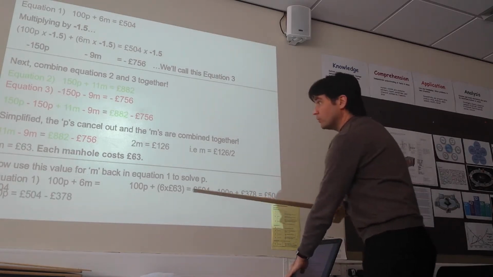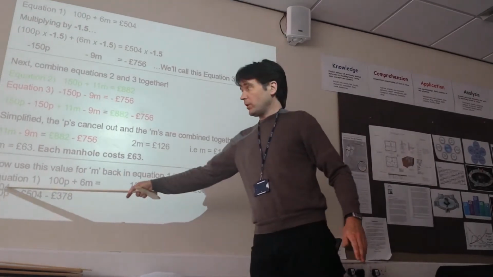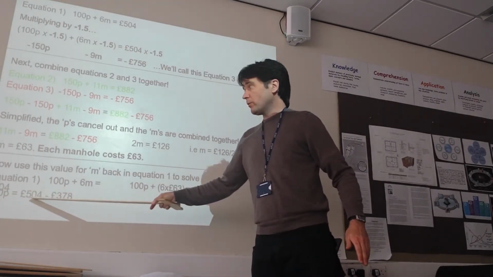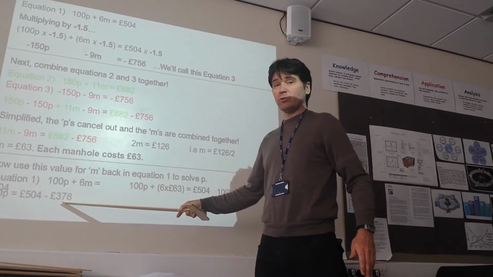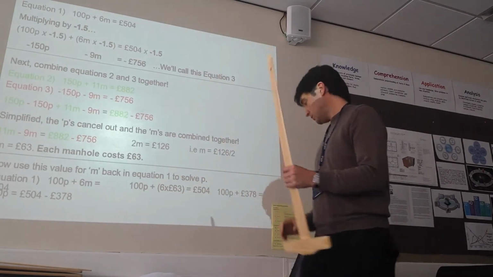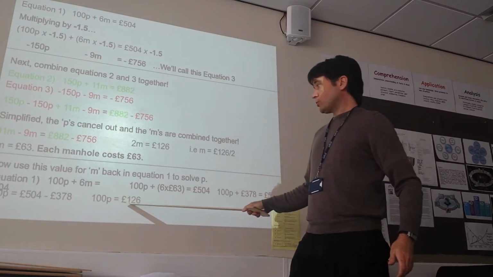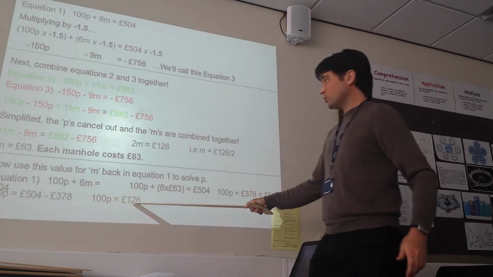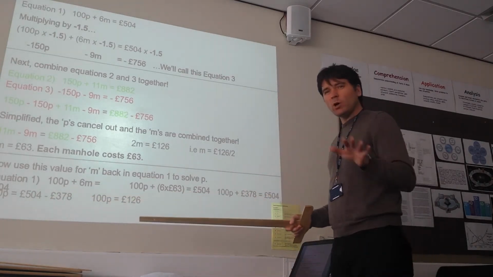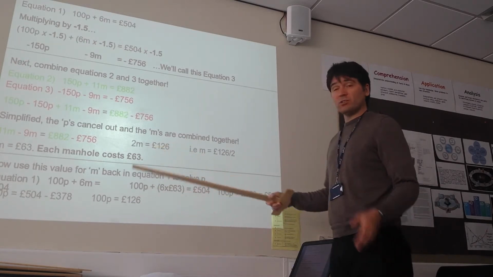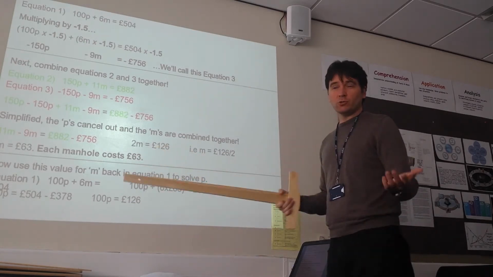So we'll end up with 100p equals 504 take away 378. When you work that out, you get 126. 100p equals £126. It's pure coincidence that that's the same number. It could have been anything, right? That's just luck.